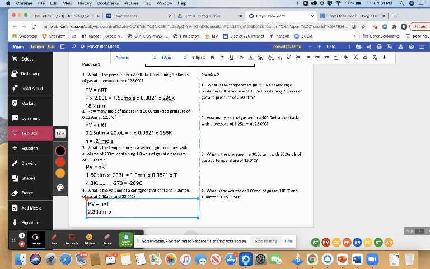My volume is unknown. n is 0.05 moles. Since my pressure is in atm, we would use 0.0821. And my temperature is 295 Kelvin. So we solve for V, and we end up with 0.5 liters.